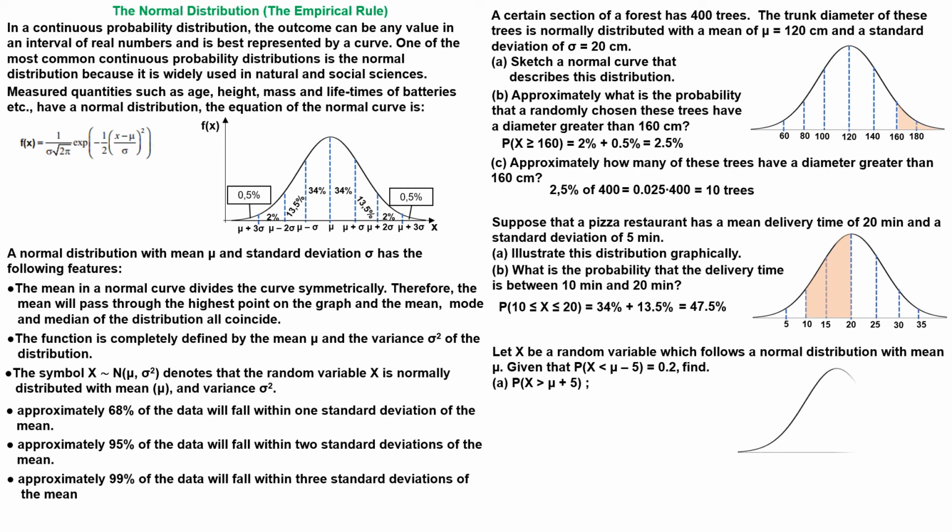Because the normal distribution is symmetric, it follows that the probability of x is greater than μ plus 5 is 0.2.